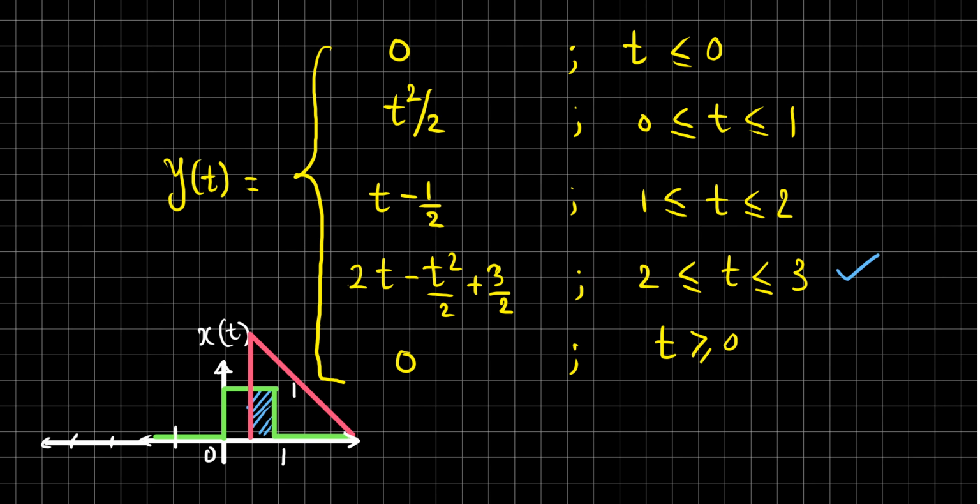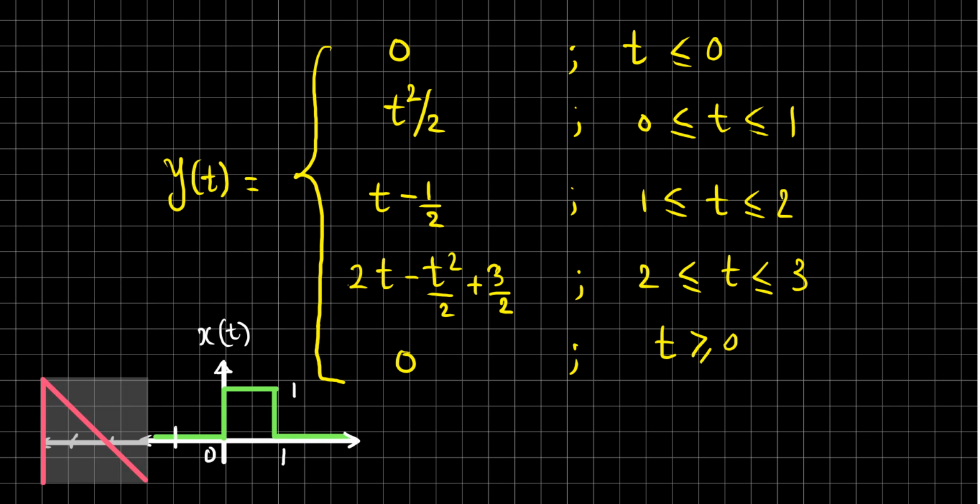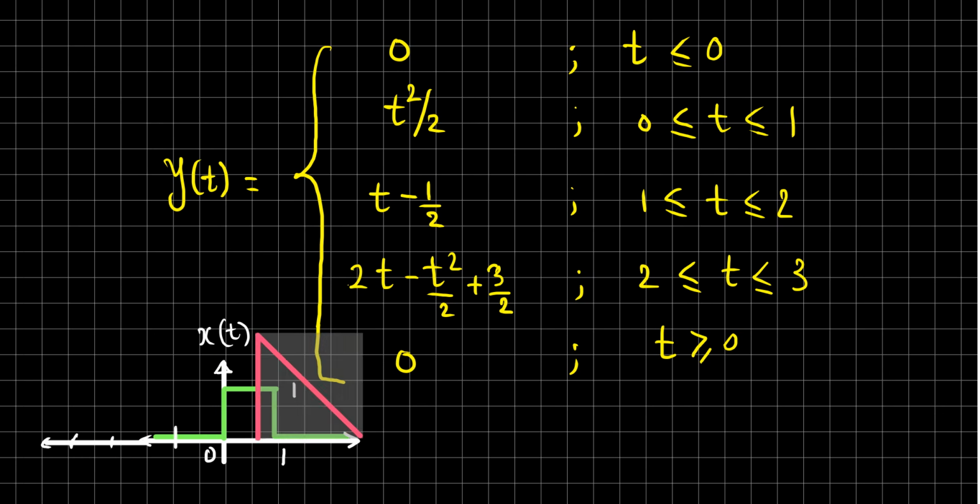So it is like this. I have considered these two signals to be somewhere here. So there is no overlap between these two. So this is the case. The last case is this one. So that's the summary of the operation that we have performed.